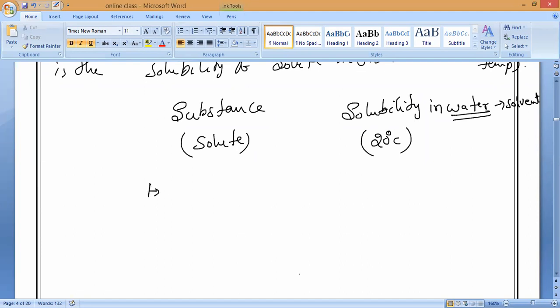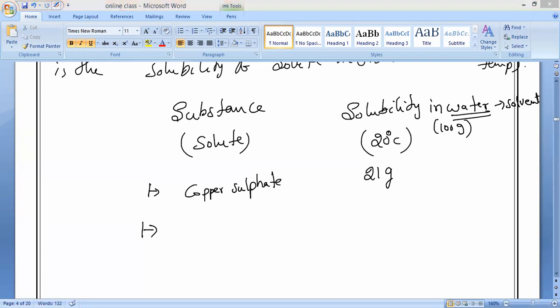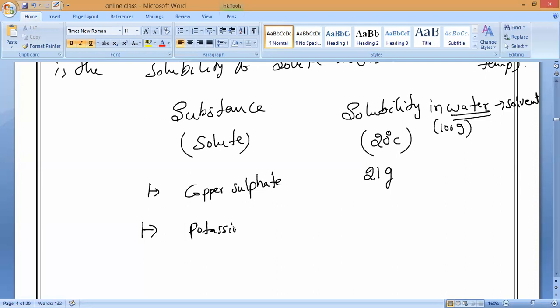So first compound, copper sulfate. How many grams of water as solvent? 100 grams of water. So we can dissolve a maximum of 21 grams of copper sulfate. Next, potassium nitrate.